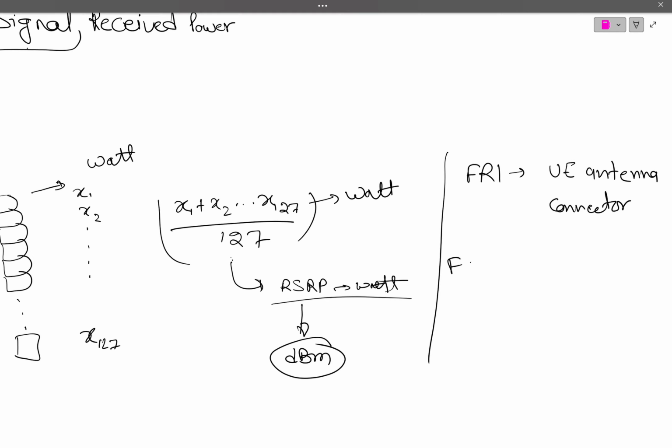Whereas in FR2 we assume that there are many antennas connected, so it's a combined signal strength from all antenna elements. Combined antenna strength.